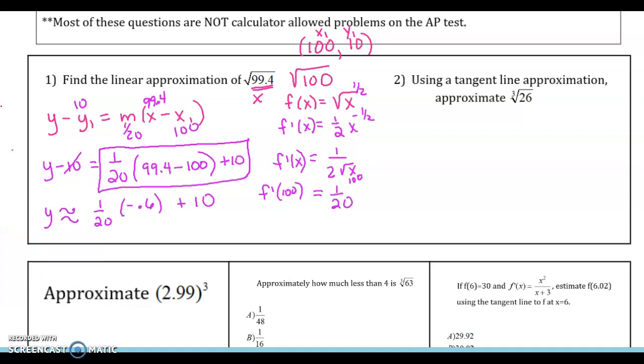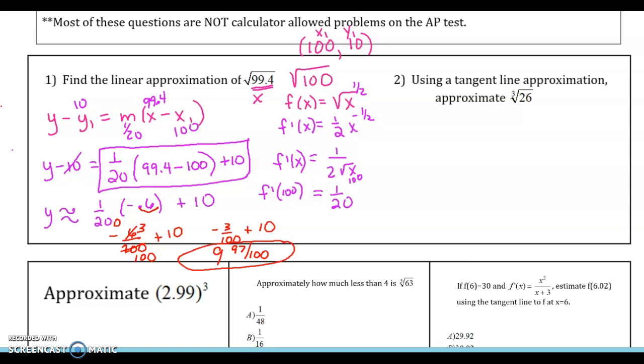But yeah, I think you can. If you want, you can move this decimal one and then add a decimal place. So we really get negative 6 over 200 plus 10. Reduce, divide by 2, so 3 over 100. So negative 3 over 100 plus 10, which is like 9 and 97 over 100.